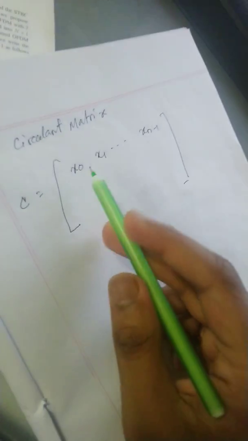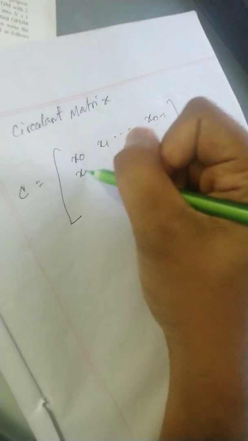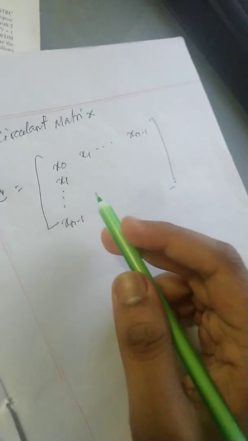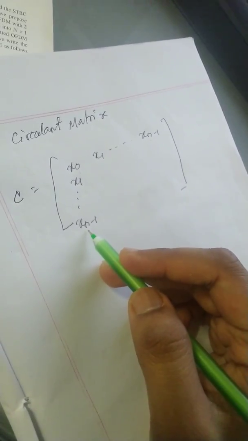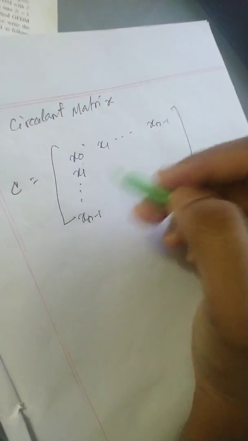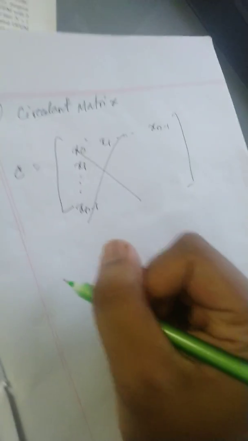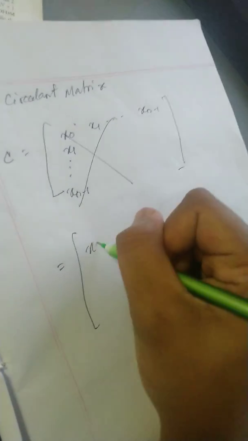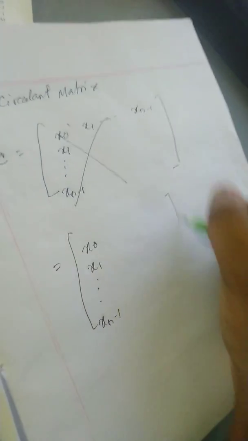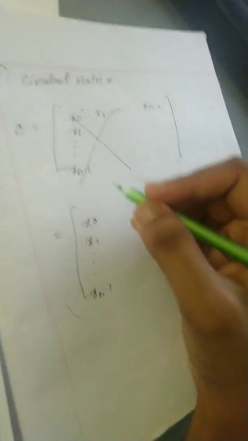Let's say the first column is this vector.